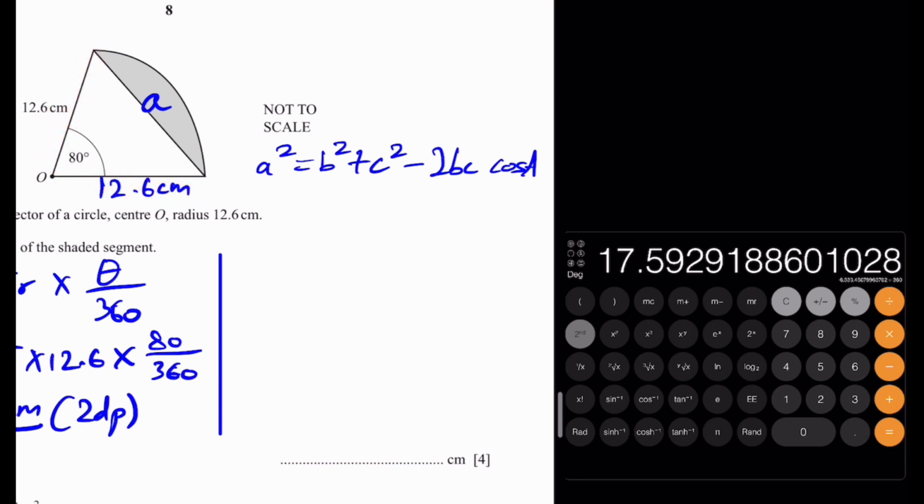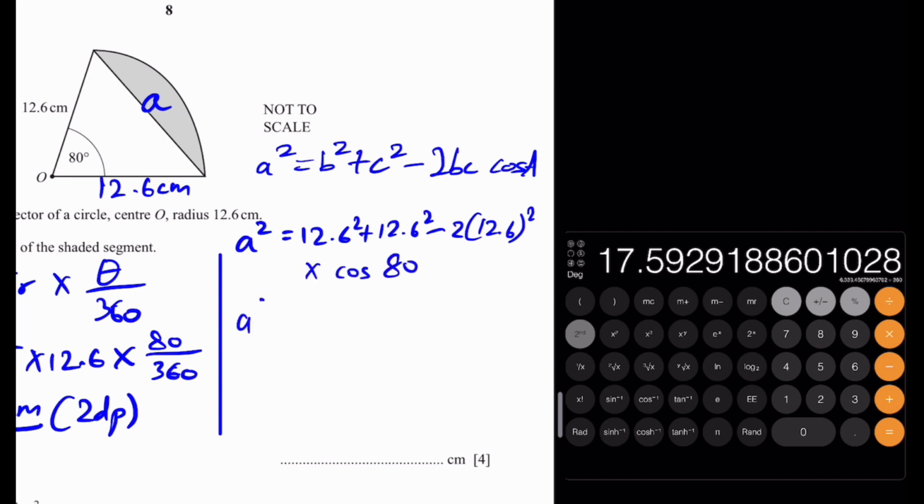So in this case, a squared is equal to 12.6 squared plus 12.6 squared minus 2 into 12.6 squared, because 12.6 into 12.6 is simply 12.6 squared, and then multiplied by cos of 80.